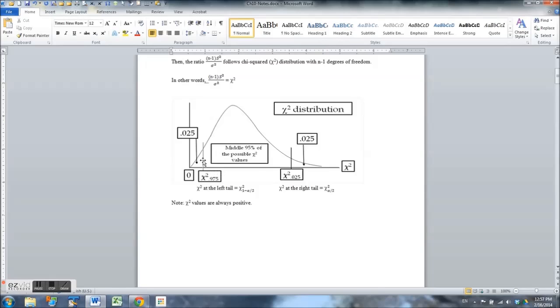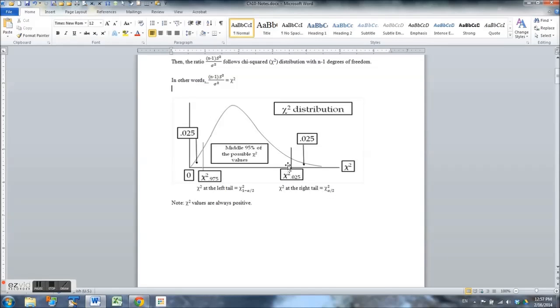Now this is the central 95% for the confidence interval, which means you have a right side chi-squared value and the left side chi-squared value. The left side chi-squared value is given by this notation, chi-squared sub 1 minus alpha over 2. The right side is chi-squared sub alpha over 2.